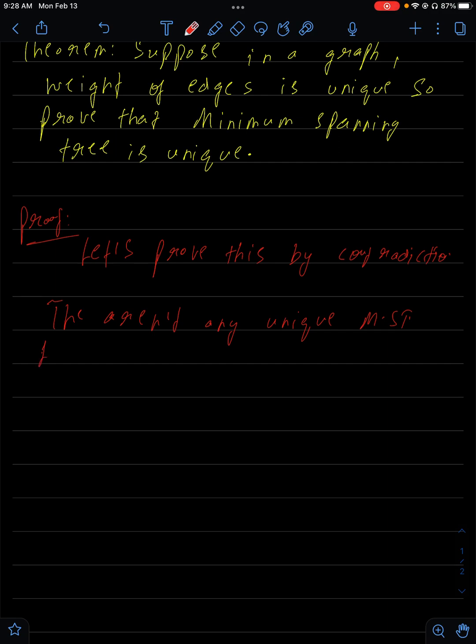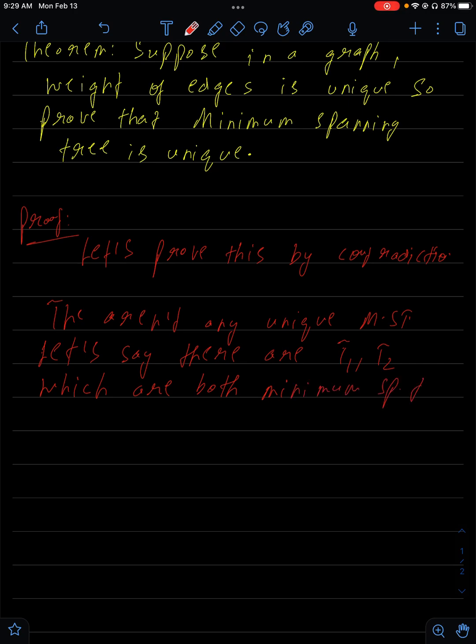Means, let's say there are two, T1 and T2, which are both minimum spanning trees of our graph.